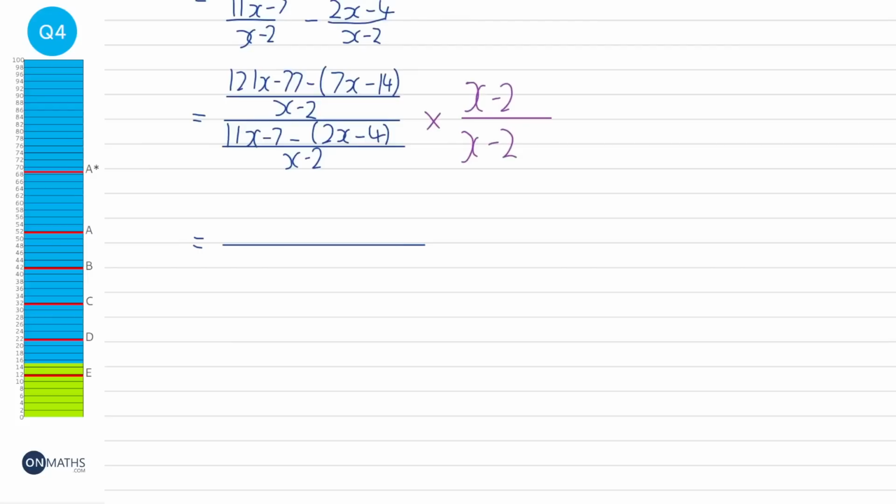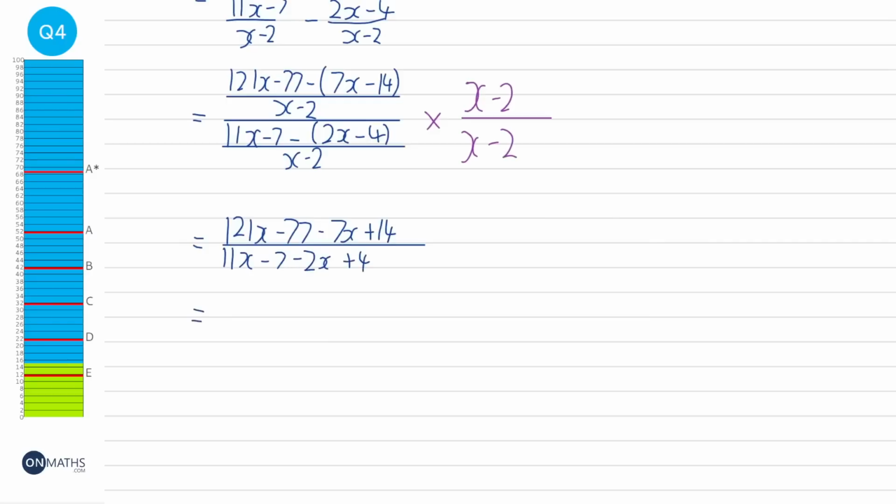So we're just left with 121x minus 77, and we might as well multiply out the brackets here. So minus times 7x is minus 7x, minus times minus 14 is going to be plus 14, and same at the bottom, 11x minus 7, minus times 2x is minus 2x, minus times minus 4 is going to be plus 4.